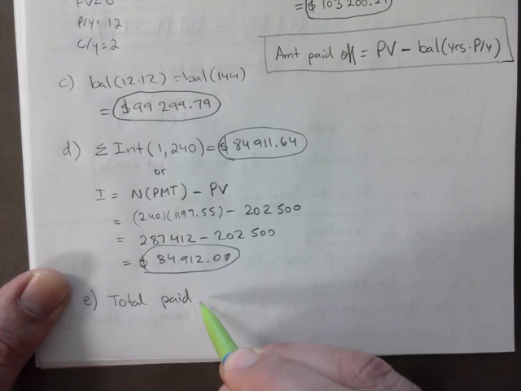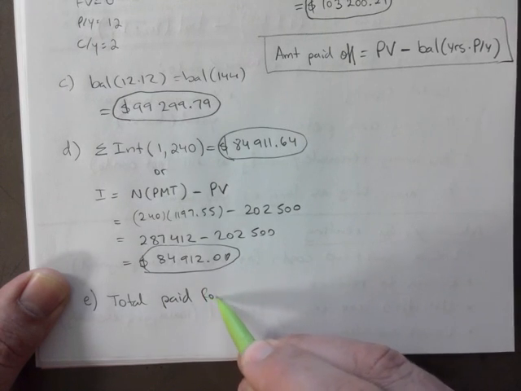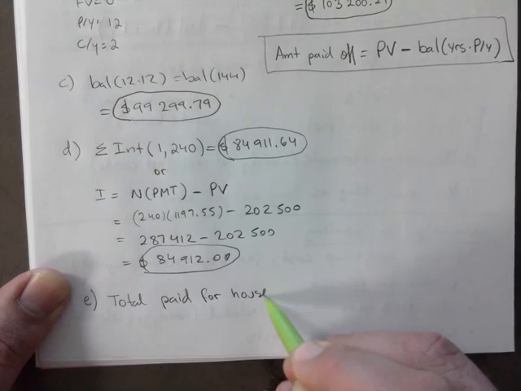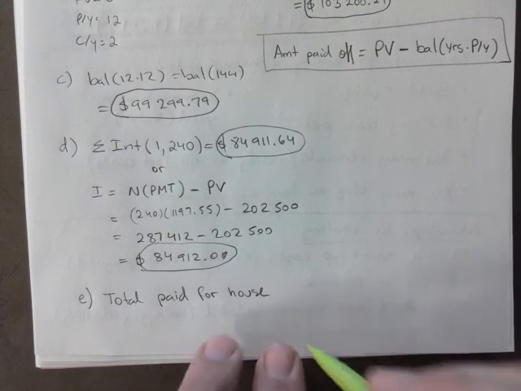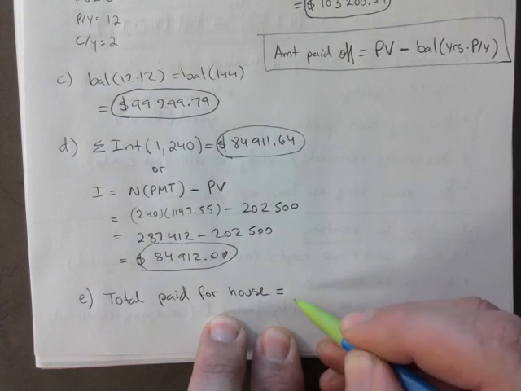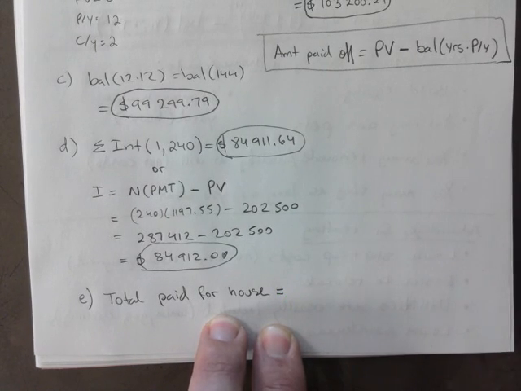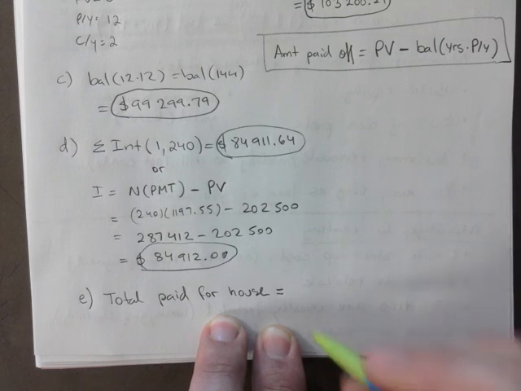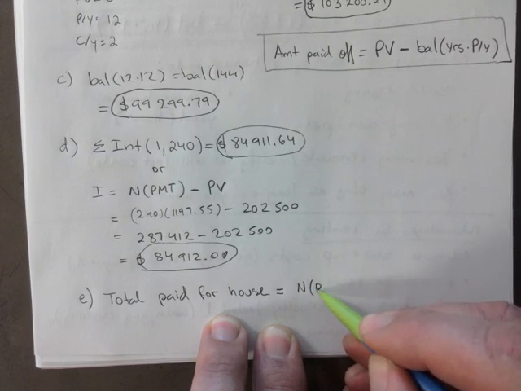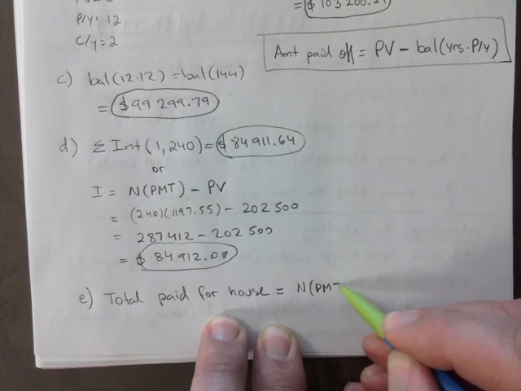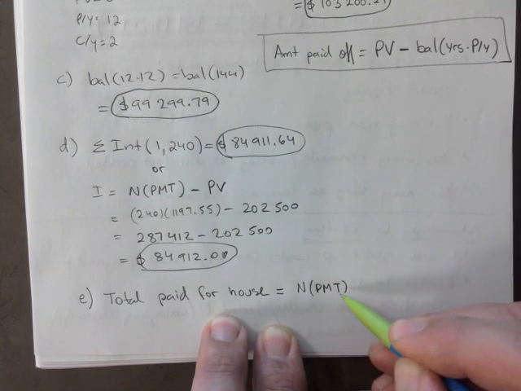Write this formula down. If you want the total you've paid for the house, at the end of the day, guys, somebody asks you, how much did this thing cost you? You will say, well, I made N number of payments of a certain amount.